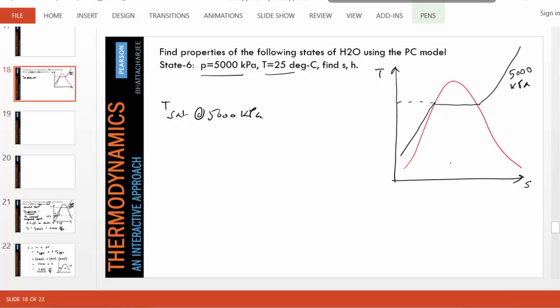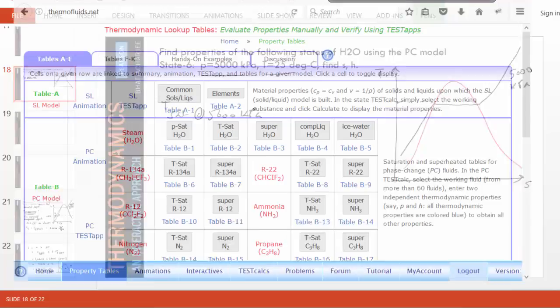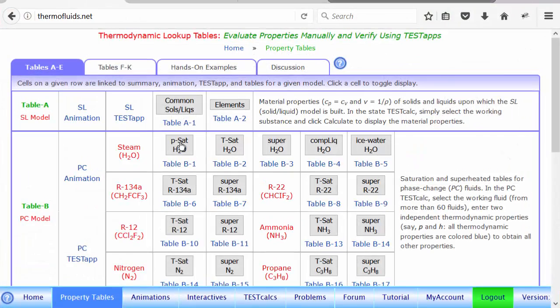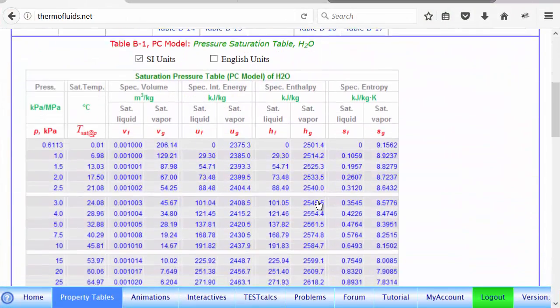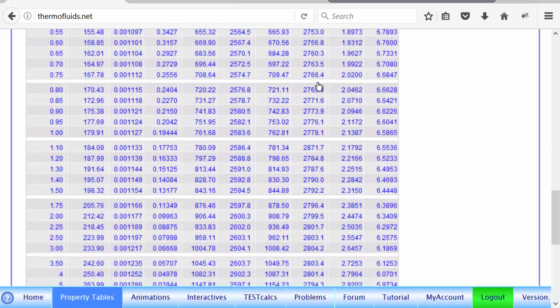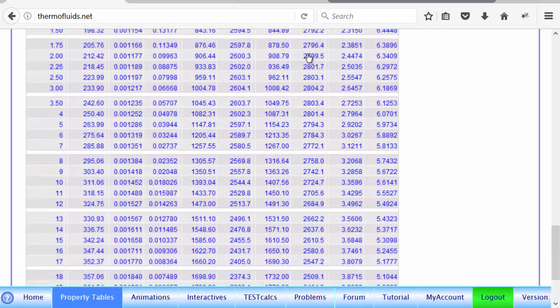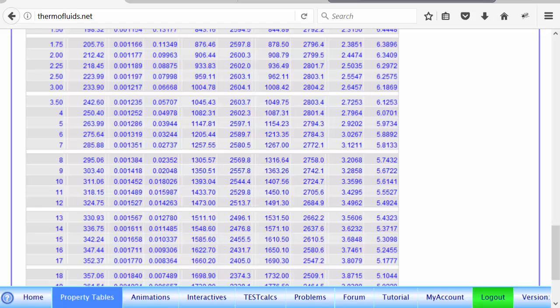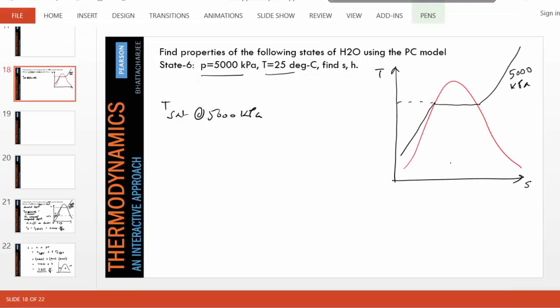In other words, at what temperature water will be boiling at 5000 kPa. So we go to the pressure saturation table, find 5000 kPa, which is 5 million pascal. And for 5 million pascal, as you can see, the temperature is 263.99, which is 264, pretty much.